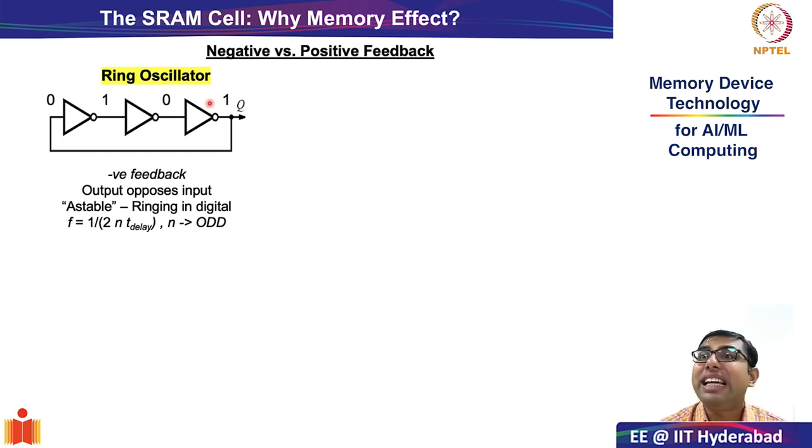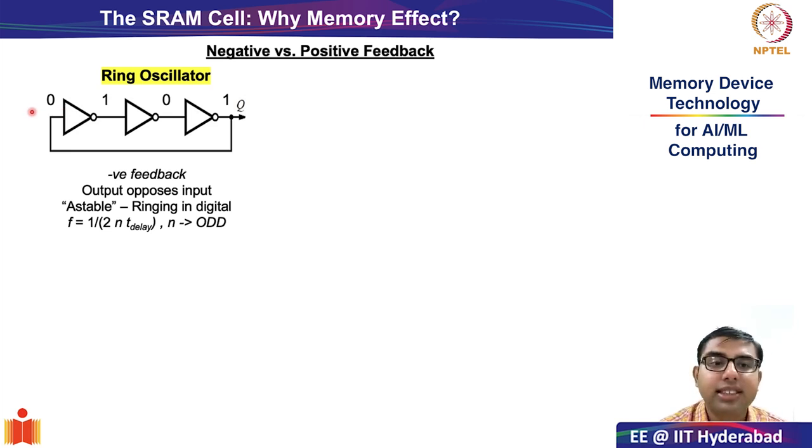It simply means in this particular context that if I start with a value of 0 at the input of the first stage, the output will be 1, then the output of the second stage will flip to 0, then the output of the final or third stage will again flip to 1. So when this 1 is fed back into the input, it is trying to create a negative feedback. That means it is trying to de-strengthen the initial input.